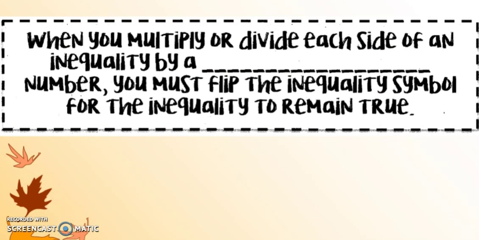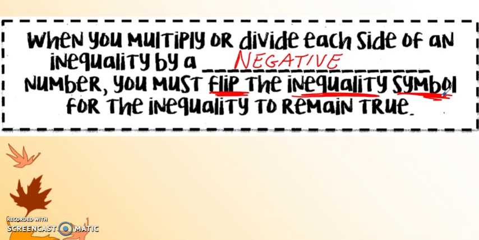Now, things are a little different when you multiply or divide each side of an inequality by a negative number. What you need to do is you must flip the inequality symbol anytime you multiply or divide both sides by a negative.